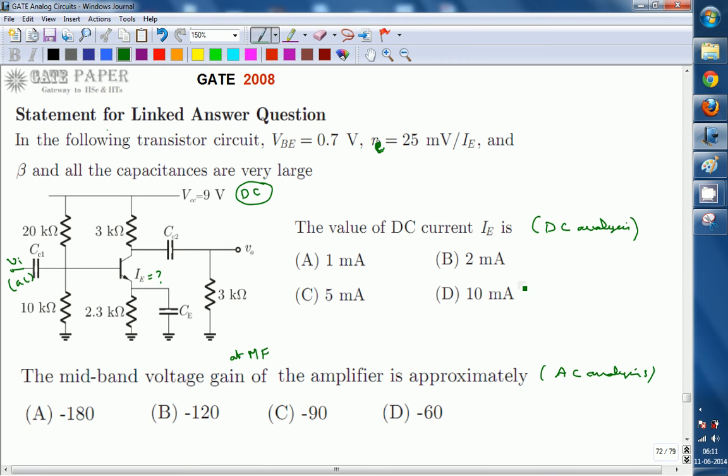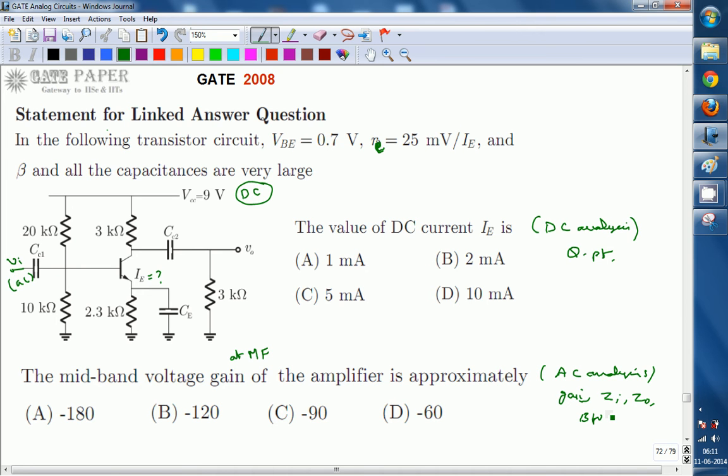By using DC analysis we can calculate the Q point. The Q point is the operating point, where we find the DC collector current, DC emitter current, and DC collector to emitter voltage. AC analysis is mainly used to calculate gain, input impedance Zi, output impedance Zo, and bandwidth FL, FH.